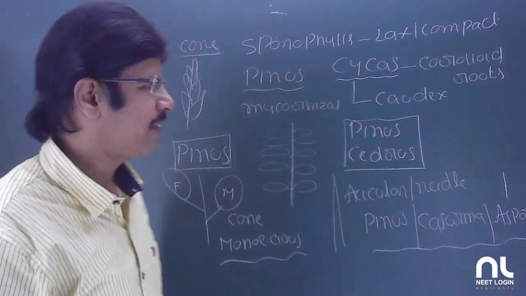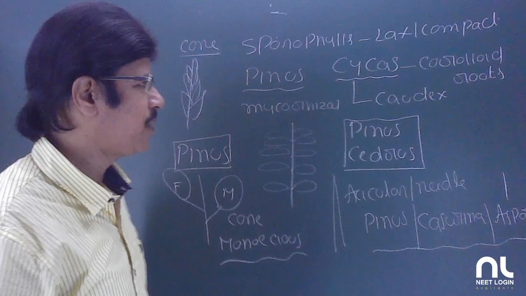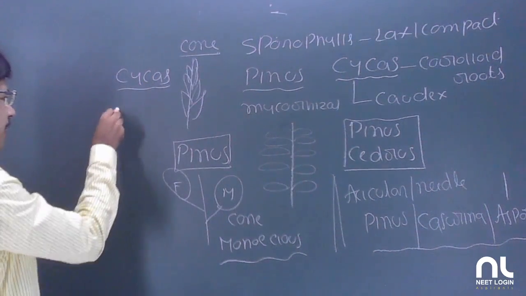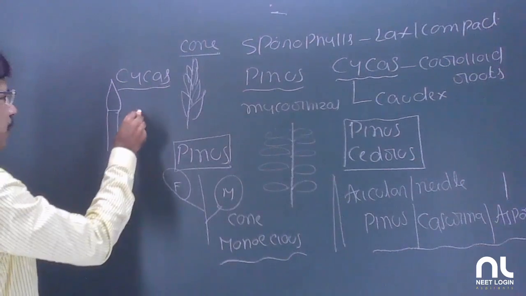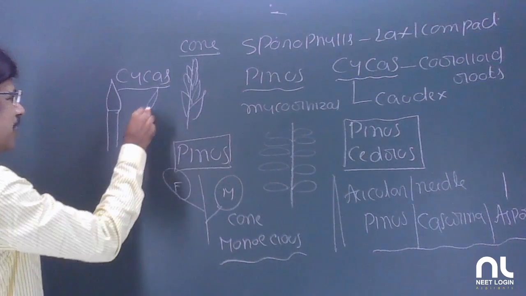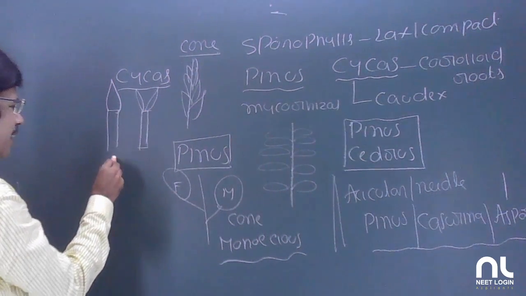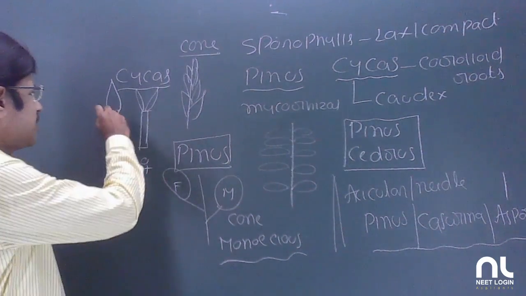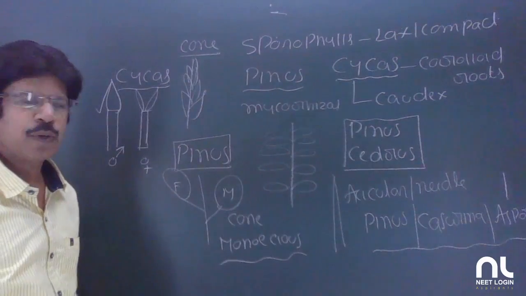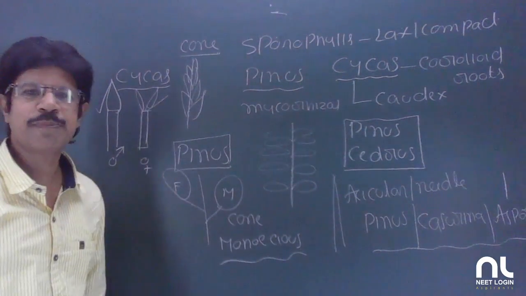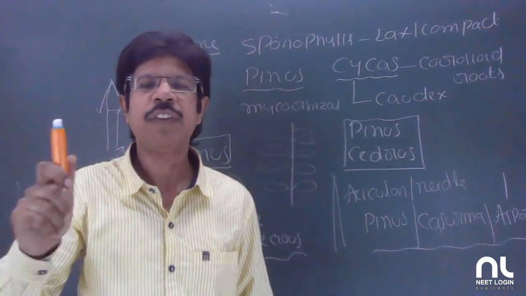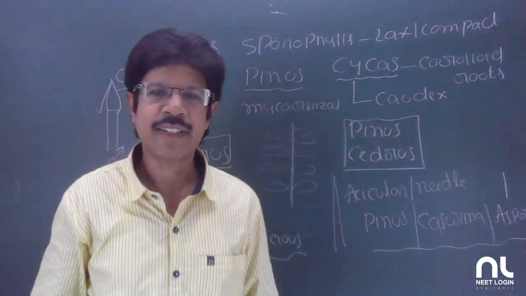If it is lax, the sporophylls are freely present. In the case of Cycas, the male plant forms the male cone and the female plant bears megasporophylls. So in Cycas, the male plant has the male cone and the female plant has megasporophylls. Lax megasporophylls refer to the female plant of Cycas.